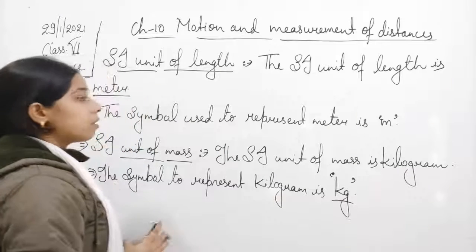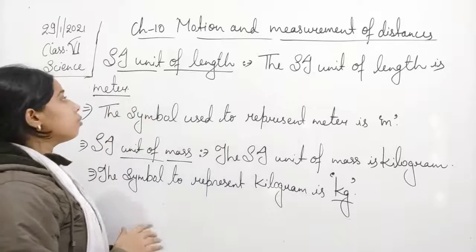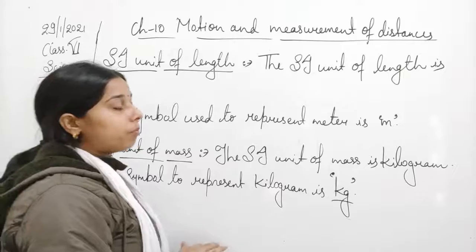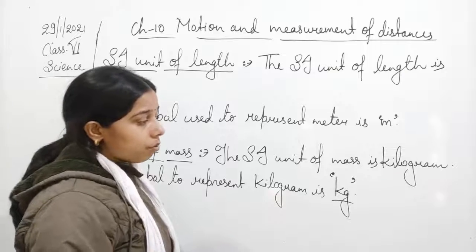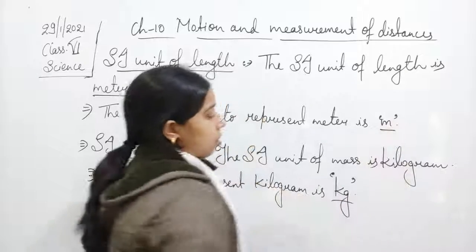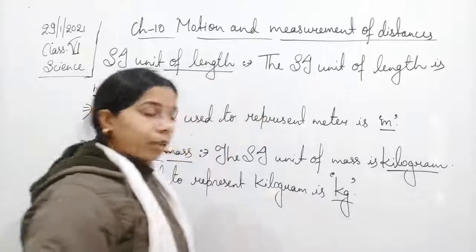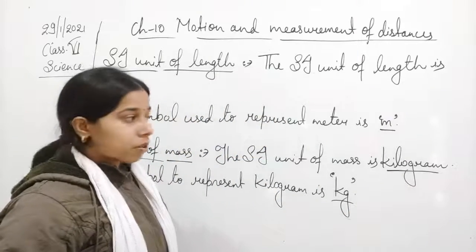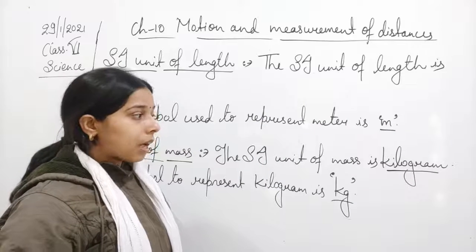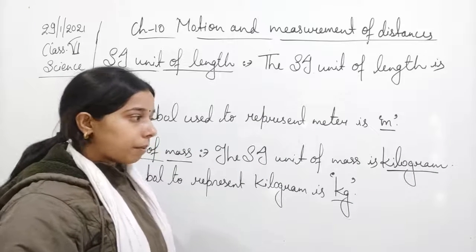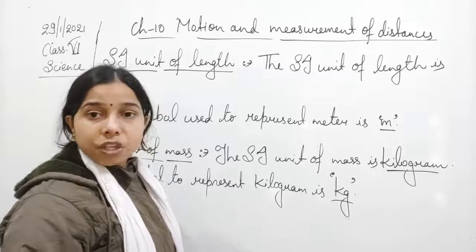So for length we use meter, and to represent the meter we use m. The SI unit of mass is measured through kilogram, and the symbol for kilogram is kg.